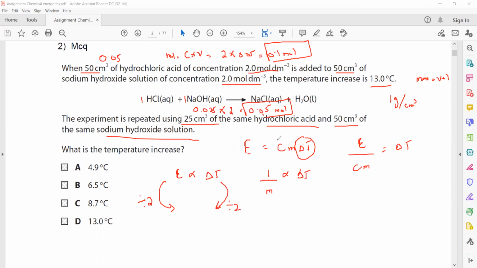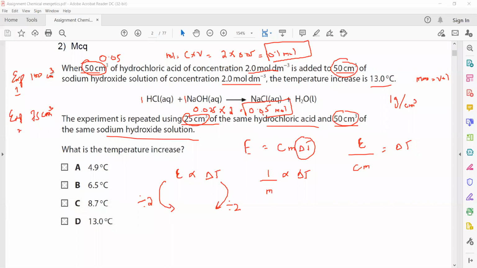That is the first thing. Now what about the volume? In the beginning we used 50 cm cube of hydrochloric acid mixed with 50 cm cube of sodium hydroxide. So in the first experiment we used 100 cm cube as the total volume of the solution. But in the second experiment we used 25 cm cube of hydrochloric acid and 50 cm cube of sodium hydroxide, so we are using only 75 cm cube of total solution.